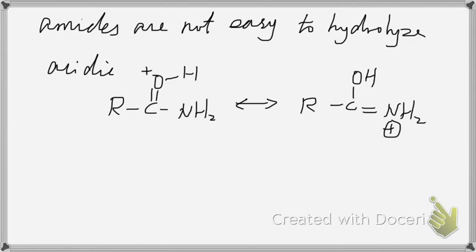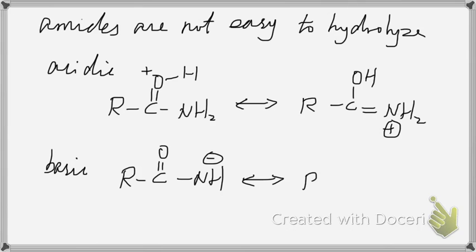Under acidic condition, we know the oxygen of the carbonyl can be protonated, and we can write a resonance form for this protonated amide. And in the resonance form, the nitrogen helps to share the positive charge. And now we have a carbon-nitrogen double bond.